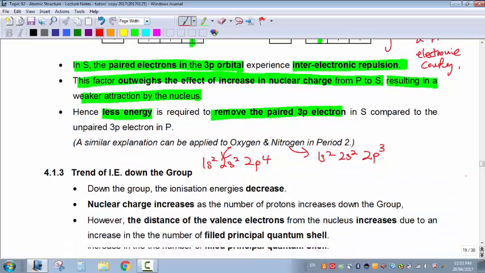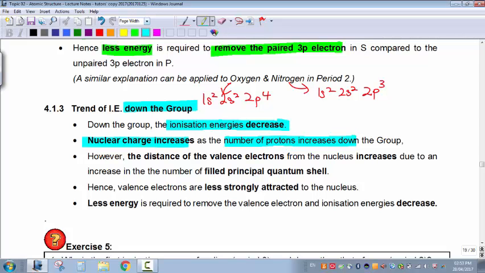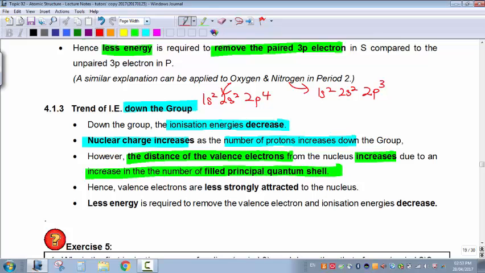Next, for down the group, you have to explain based on the distance factor. Down the group, IE decreases because the nuclear charge increases as the number of protons increases down the group. But more importantly, the distance of the valence electron also increases because of the increase in number of filled quantum shells. This is the main reason. So do not talk about shielding effect, all these things.